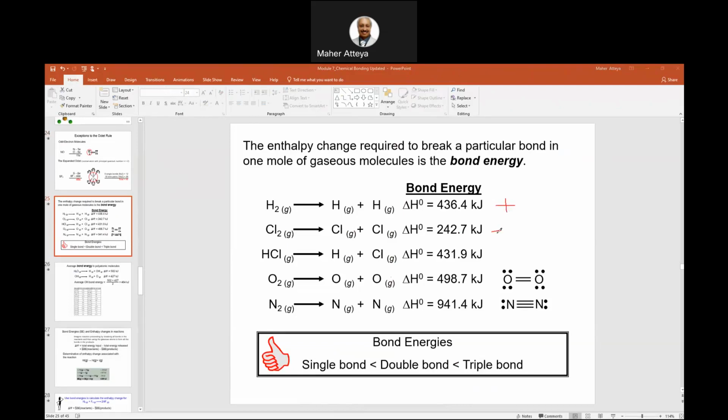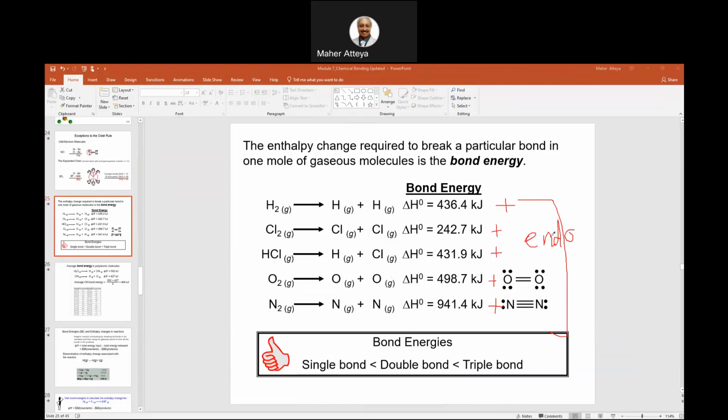Do you see a negative value? No, positive. So all these processes are endothermic, because you have to deliver this energy in. That's the amount of energy you have.